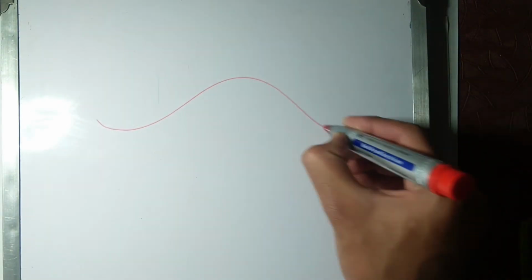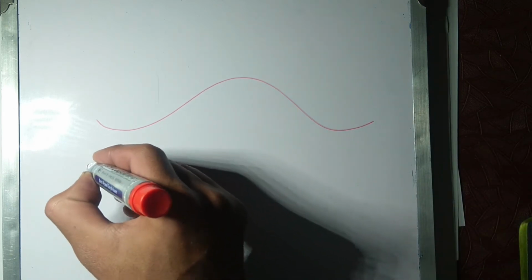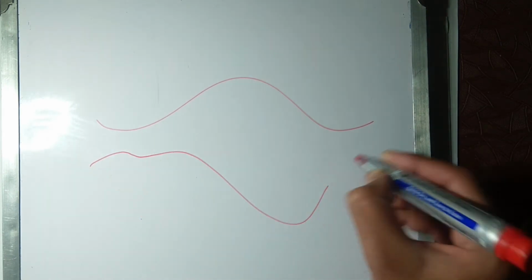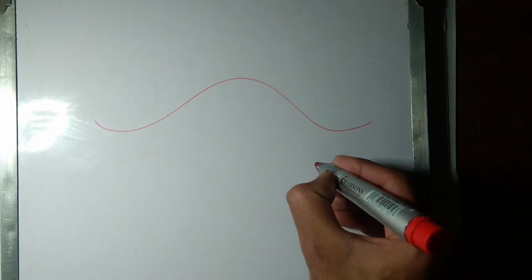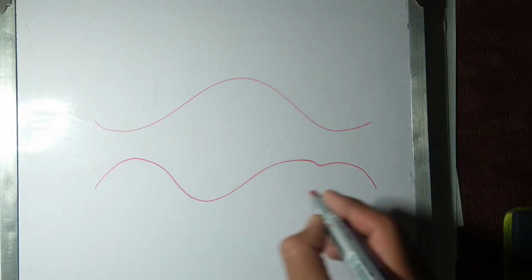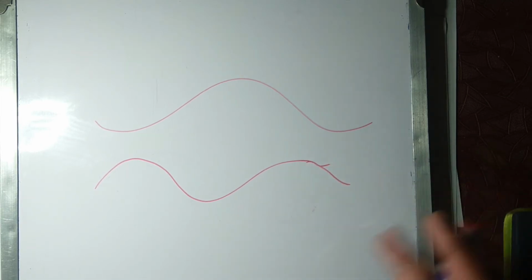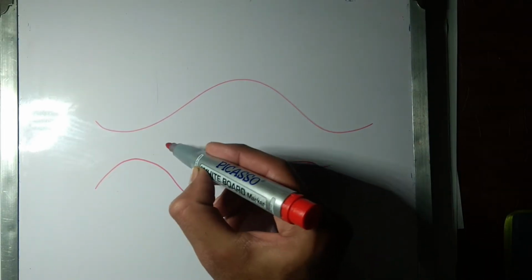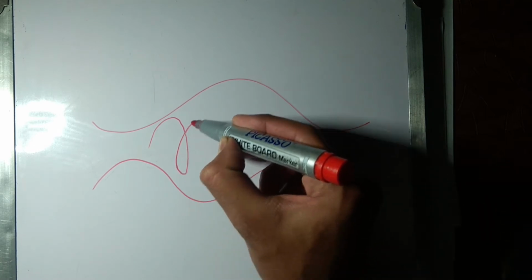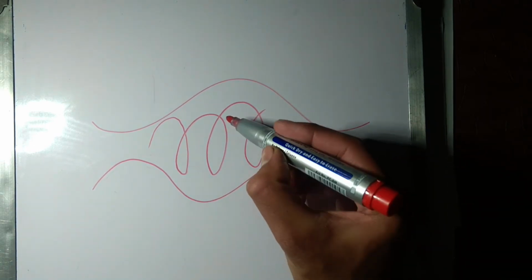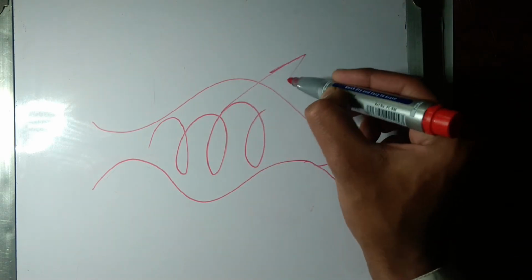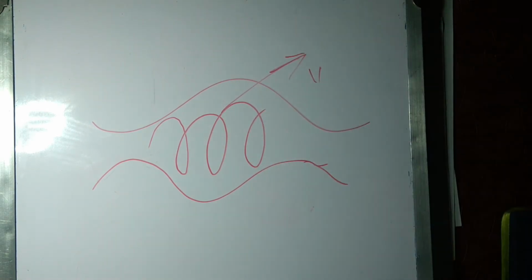So again we have a magnetic bottle like this. Let's say it's like this. So a particle comes and gyrates. Let's say this is its velocity v.